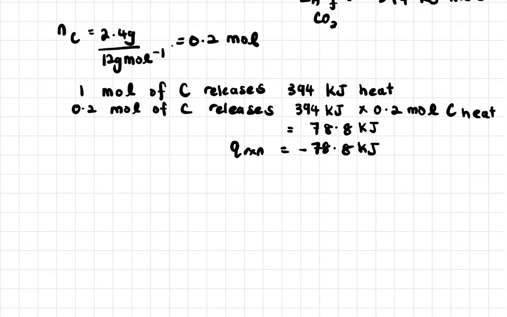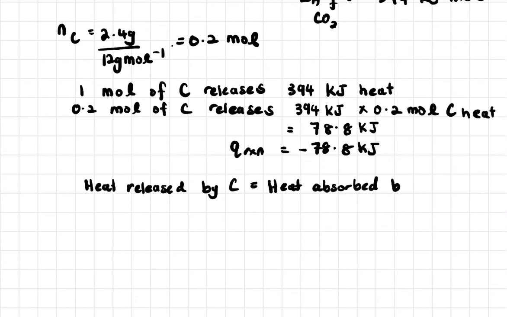So awak bolehlah buat, sebab kita nak cari delta T kan. So heat released by carbon equals to heat absorbed by calorimeter sahaja in this case, sebab dia tak bagi apa-apa information pasal water.